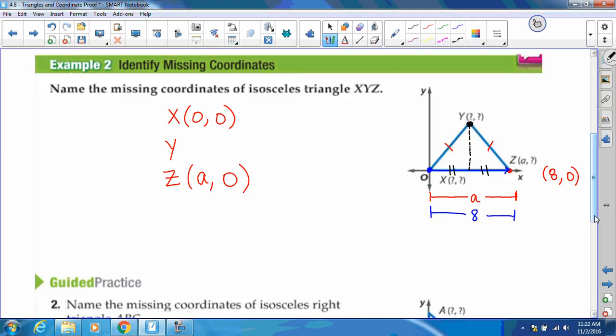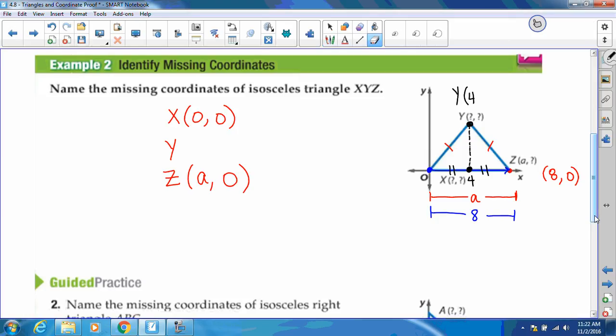So this right here is the halfway mark of that base. If my base is 8 units long, let's pretend numbers, then the x coordinate right here at the halfway, or at my vertex, would be 4. Okay? So up here, my x coordinate would be 4.